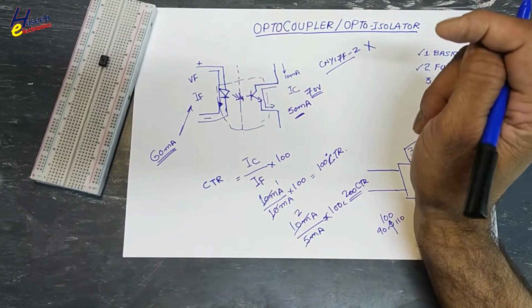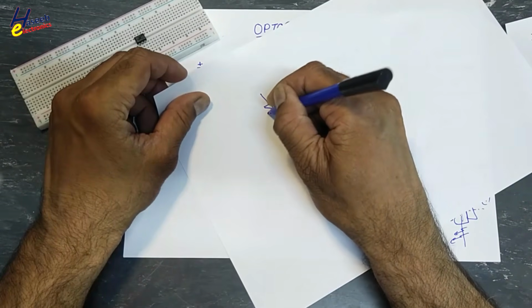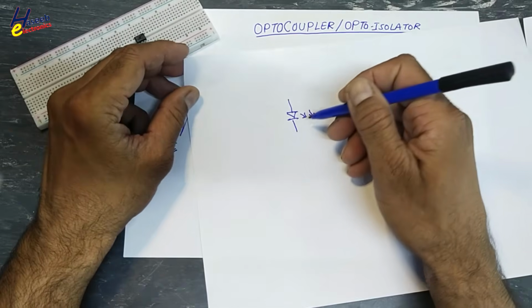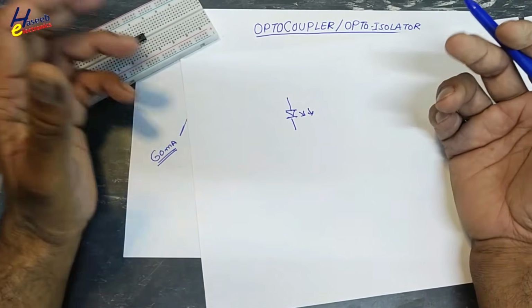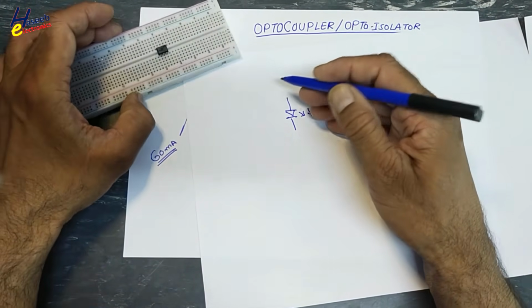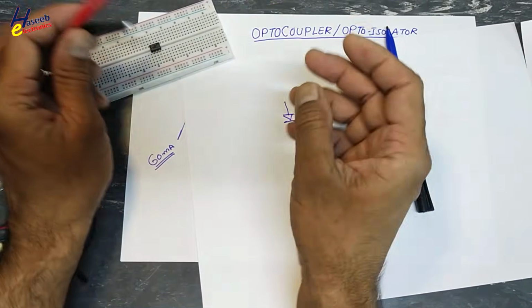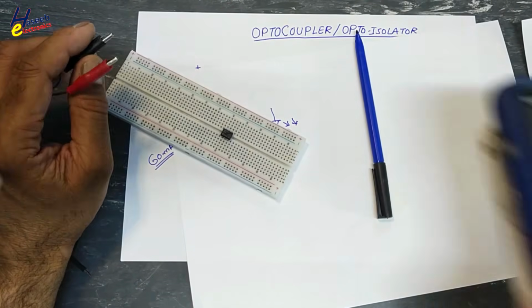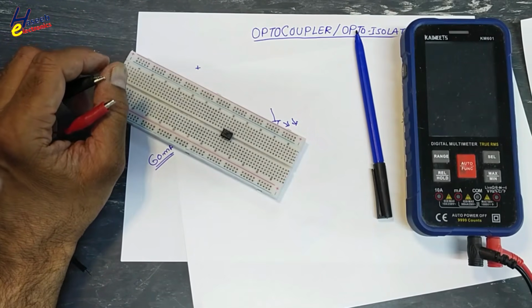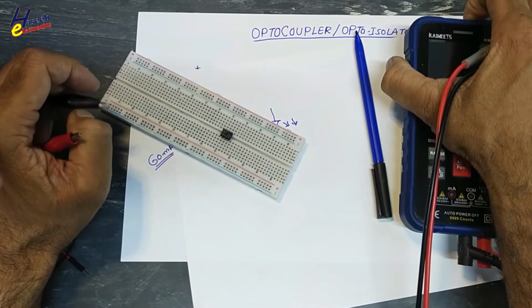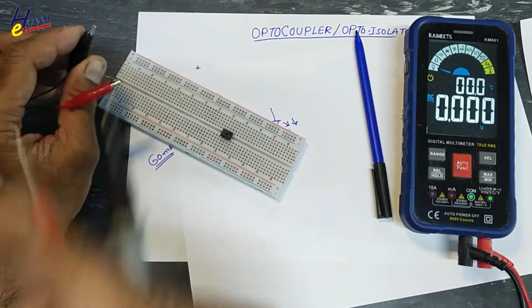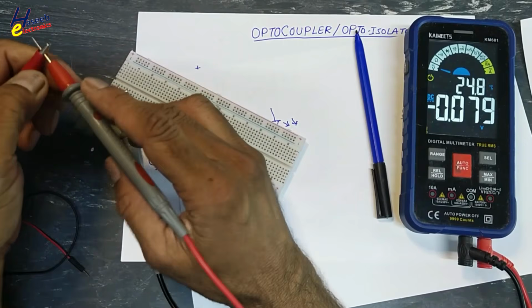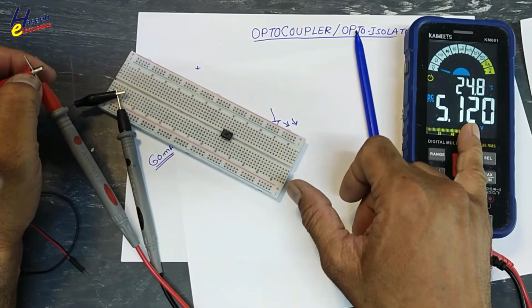Now we will see it practically. I have LED. A simple rule. What are the voltage here? I have 5.12 volts.